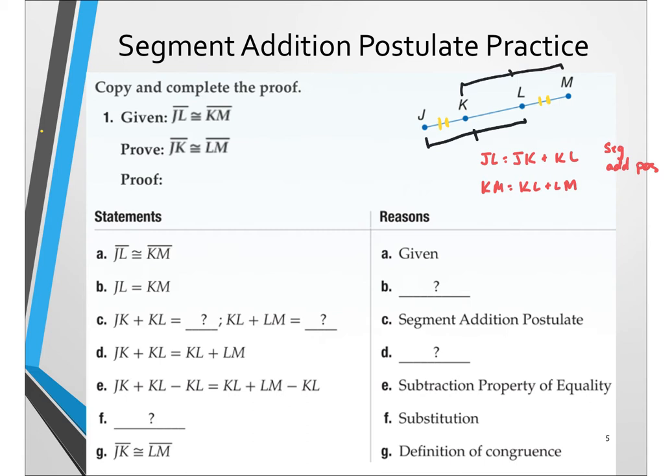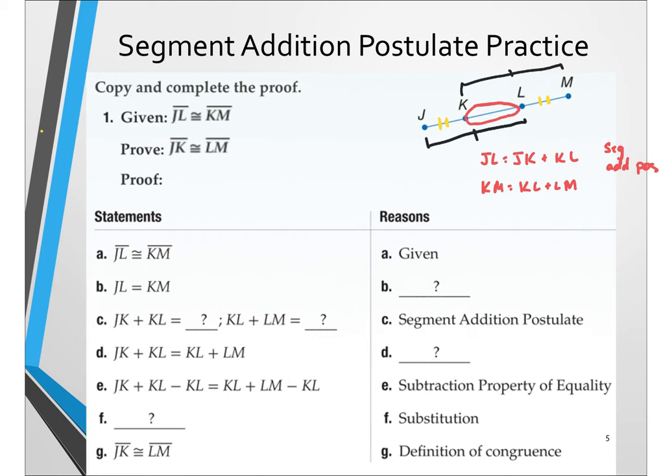Now, I notice that they both share this piece KL. If JL, that whole segment, is equal to KM, that whole segment, and they both have this shared piece, then I can take away that shared piece from both of the equations, leaving only JK and LM, which is what I want. So that's the direction I'm going to go in. I'm going to try to set up these equations and then take away KL.